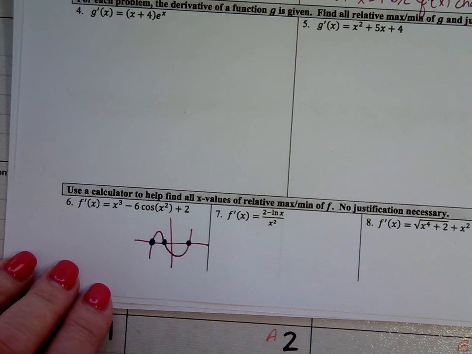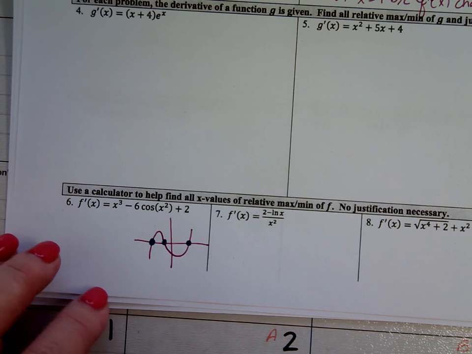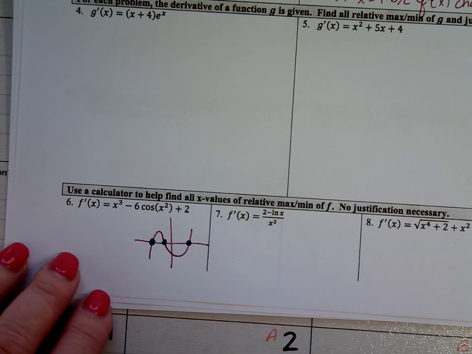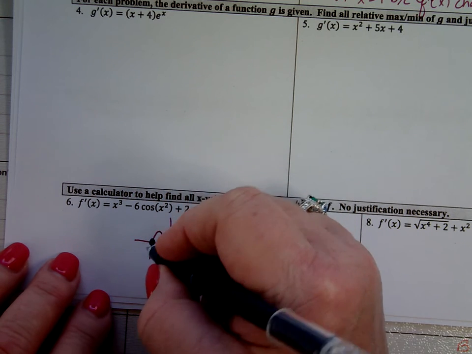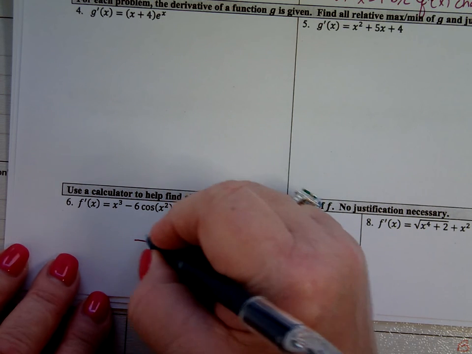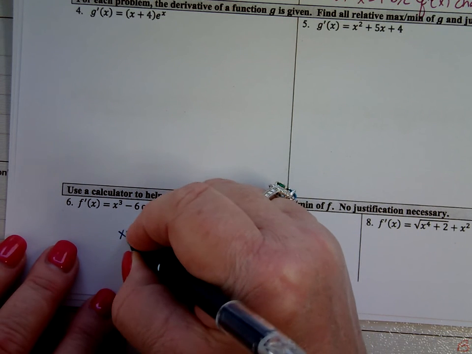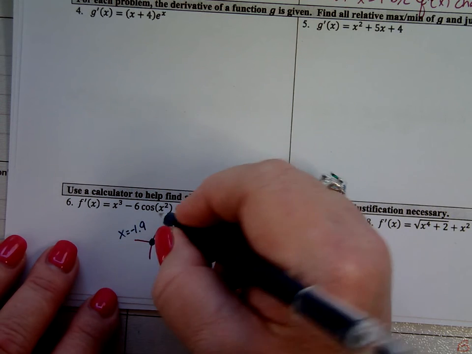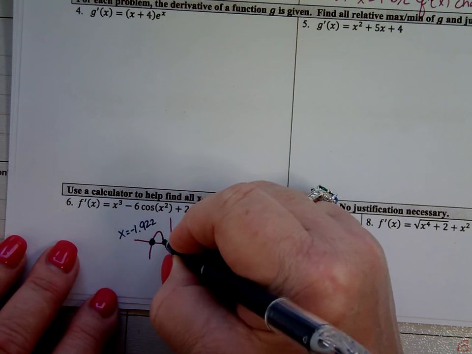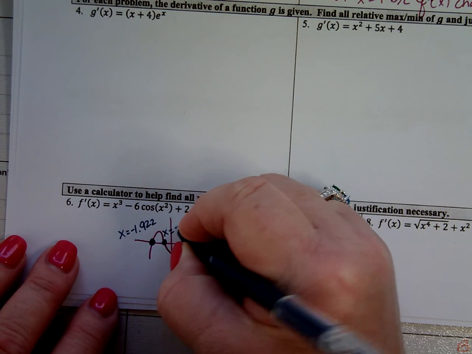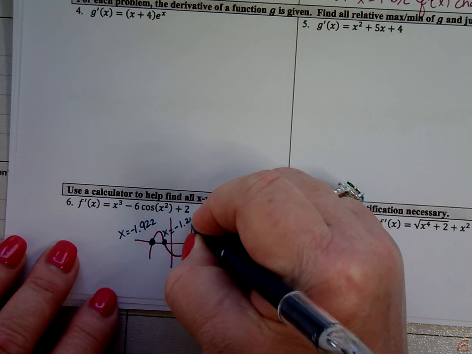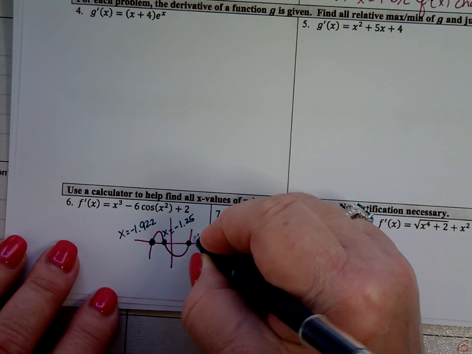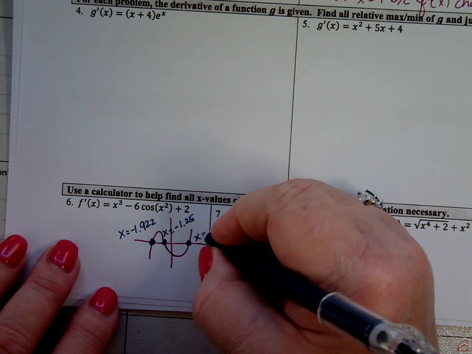Now, I got this from the calculator. I looked for the zeros once I graphed it, and it gave me the first one as x equals negative 1.922. The next one was x equals negative 1.25, and this one is x equals 1.018.